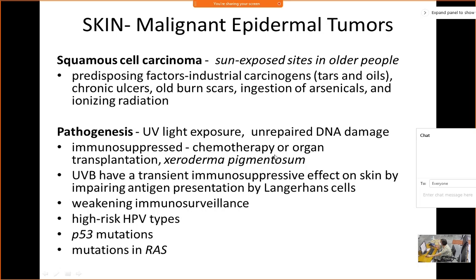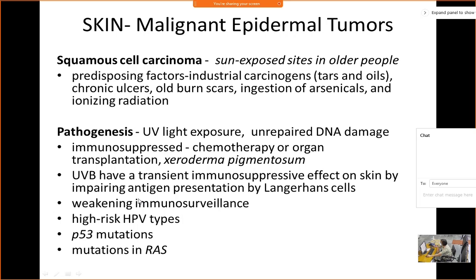But in xeroderma pigmentosum, because of the defect in DNA repair, when the child is exposed to UV light, squamous cell carcinomas can develop at a very young age. They may be multiple, and they may not be in the sun-exposed areas. So that is the importance of this.